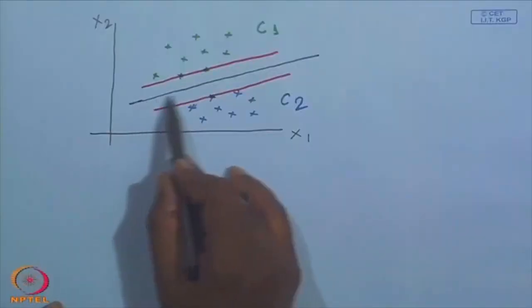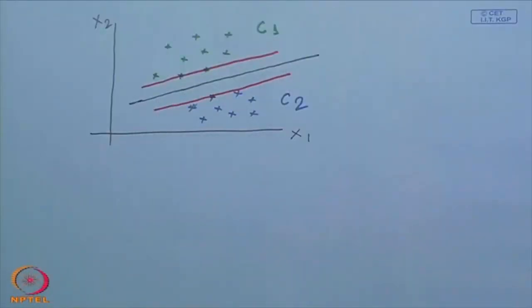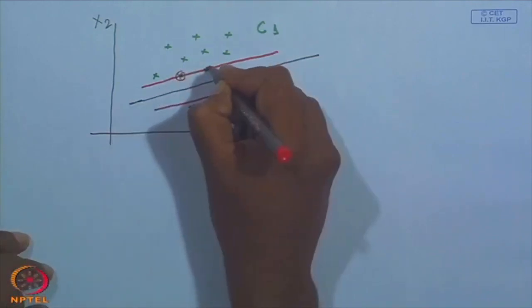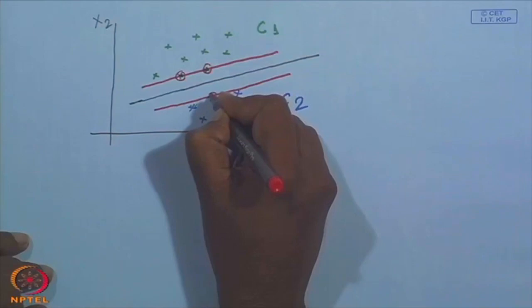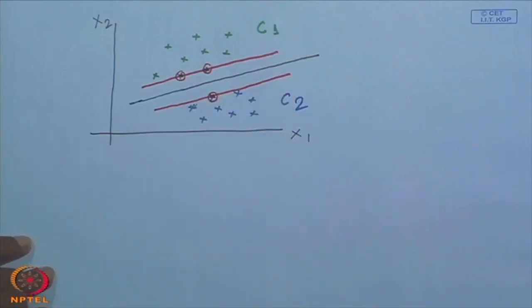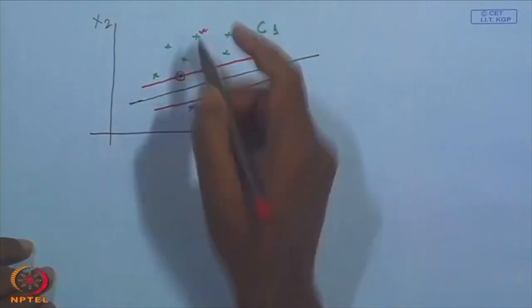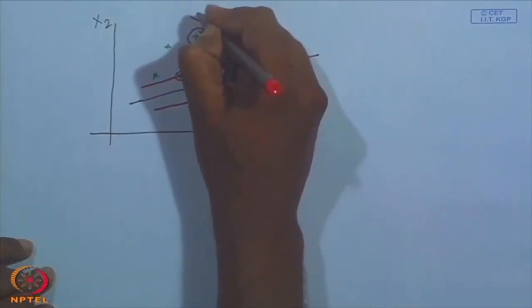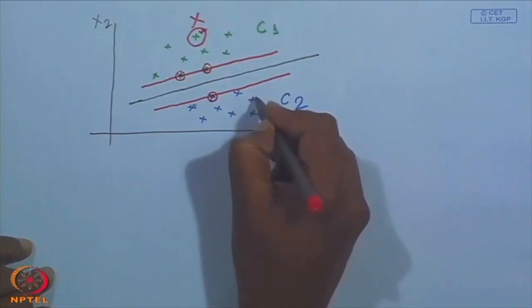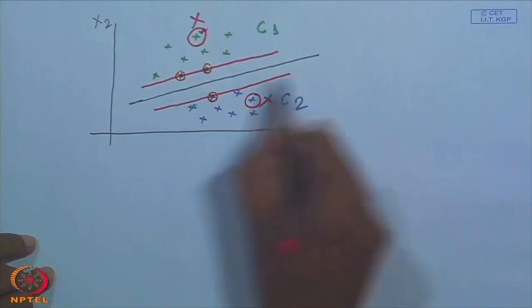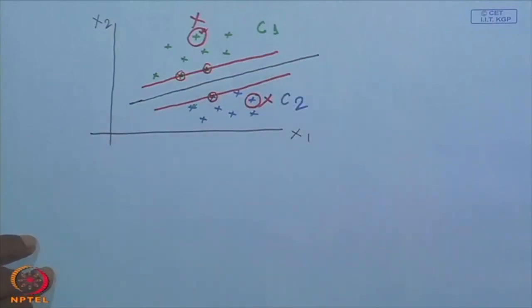You find that the position of this classifier or hyperplane depends on the position of these feature vectors. It does not depend upon the position of this feature vector. Even if I remove this feature vector from my training set, or this one, the position of the hyperplane remains the same.